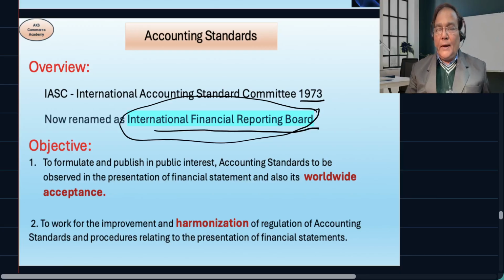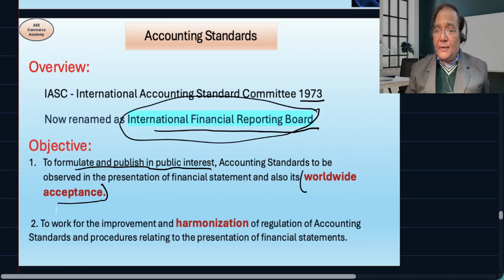The objective is to formulate and publish, in public interest, accounting standards to be observed in the presentation of financial statements, and also to gain worldwide acceptance. Now this is very important, that something that has been framed has global acceptance, worldwide acceptance.